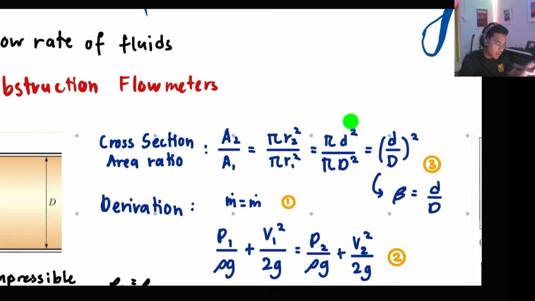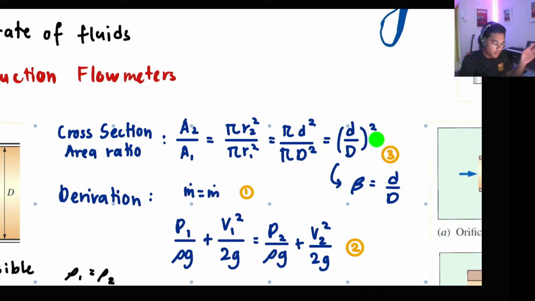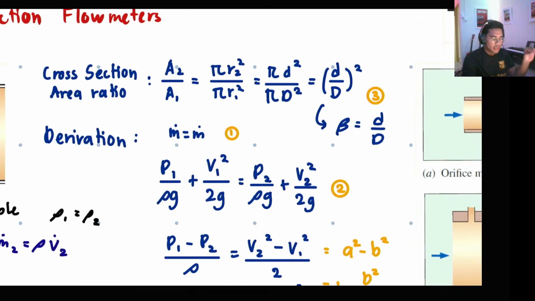R can also be represented by diameter over 2, which is just another constant, so we can cancel out the constant. So the ratio of the areas is equal to the ratio of the smaller diameter over the big diameter, squared. We represent the small diameter over the big diameter with B.